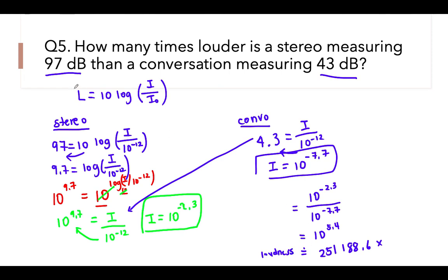In terms of decimals, it doesn't seem like it's going to be loud enough, but when you compare it, the stereo is 251,188 times louder than the conversation. Okay, so it's exponentially bigger.